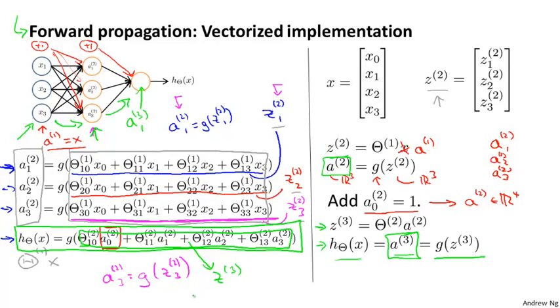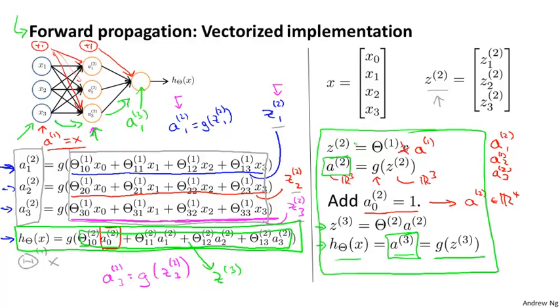This process of computing the activations from the input, then the hidden, then the output layer, is called forward propagation. And what we just did was work out a vectorized implementation of this procedure. So if you implement it using these equations that we have on the right, this will give you a relatively efficient way of computing h of x.